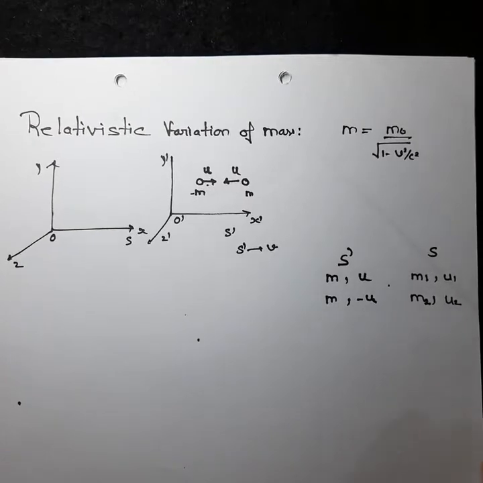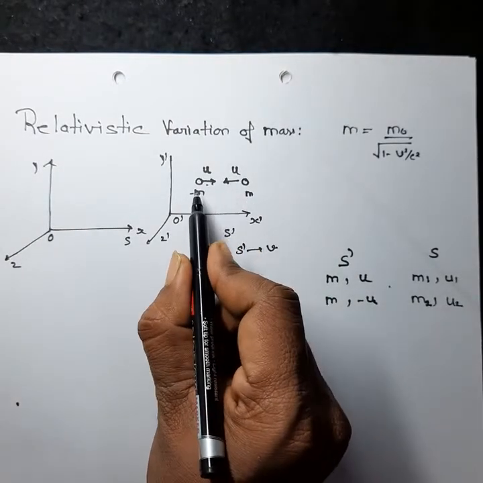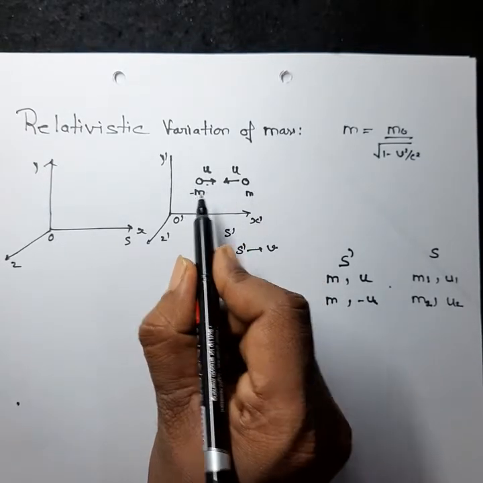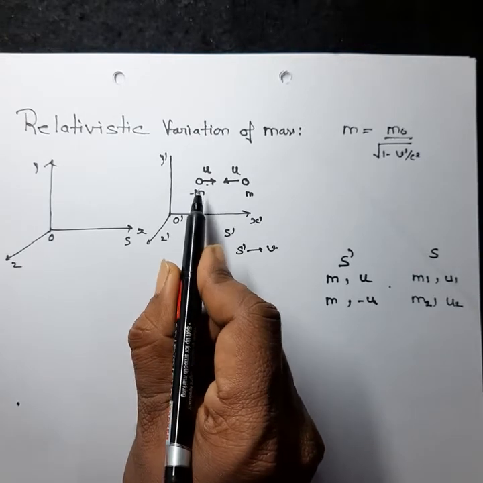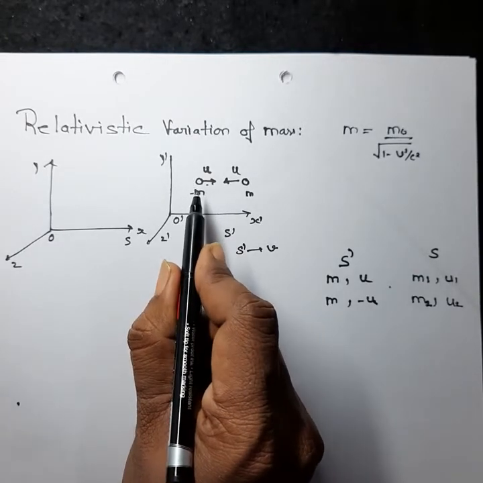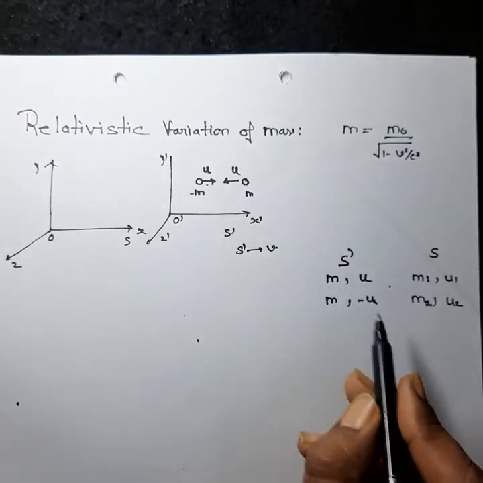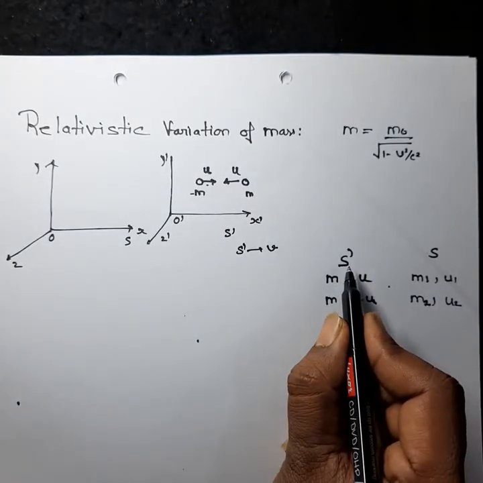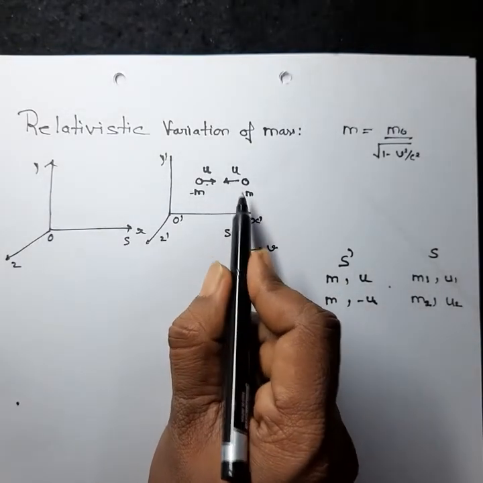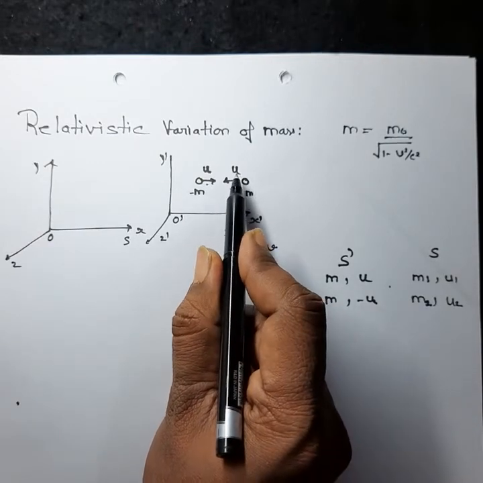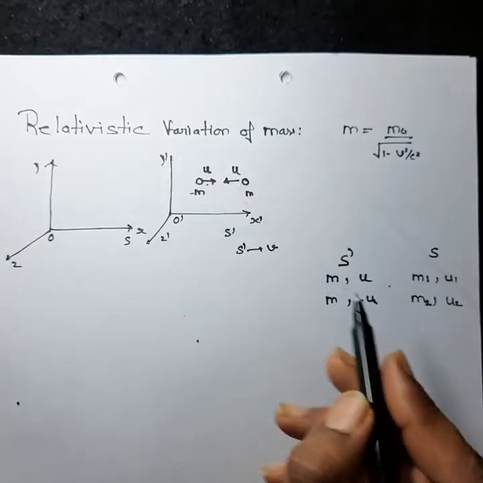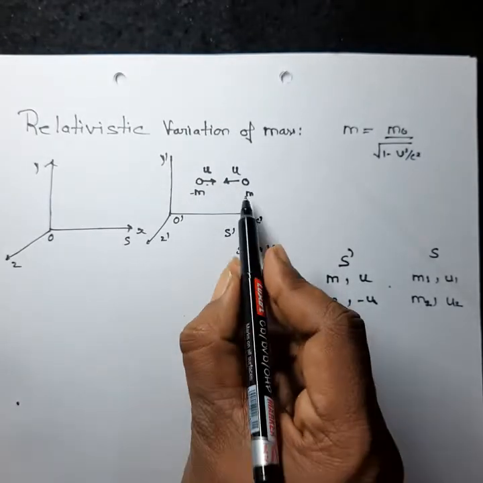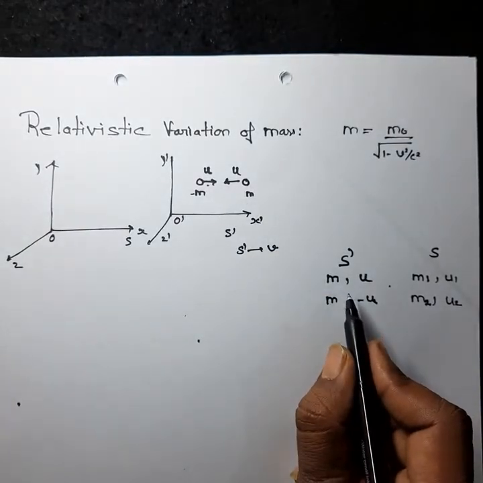I think the problem is clear. m is the mass of the first object, and u is the velocity of the first object in the S dash frame of reference. Similarly, m is the mass of the second object, and minus u is its velocity, since it is moving in this direction, in the S dash frame of reference.